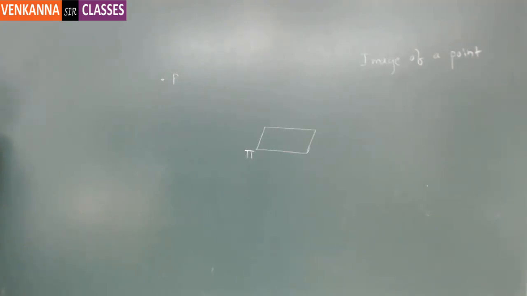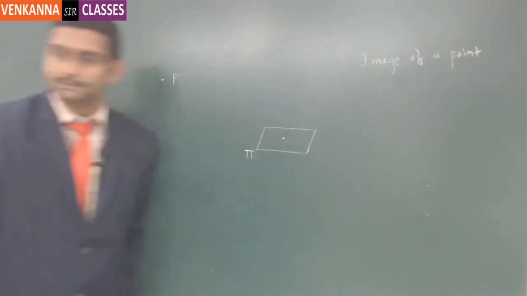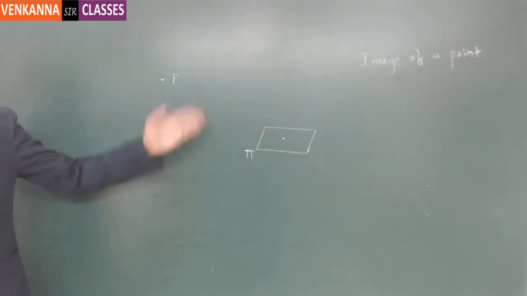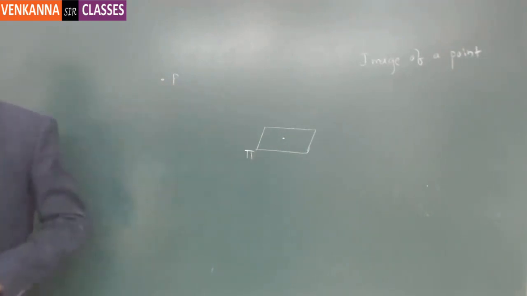The definition is such that if the point we have taken lies on the plane, so if P satisfies the plane equation, then P is lying on the plane. Hence, the image of P is nothing but itself. P itself is the image.